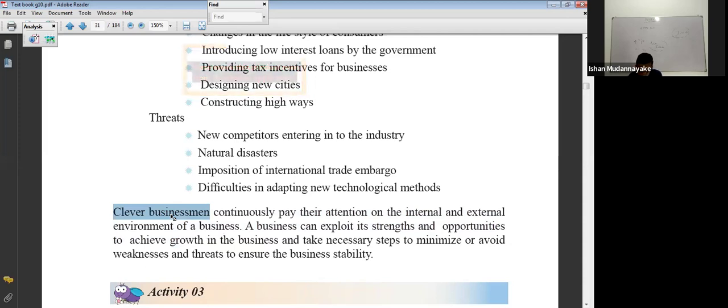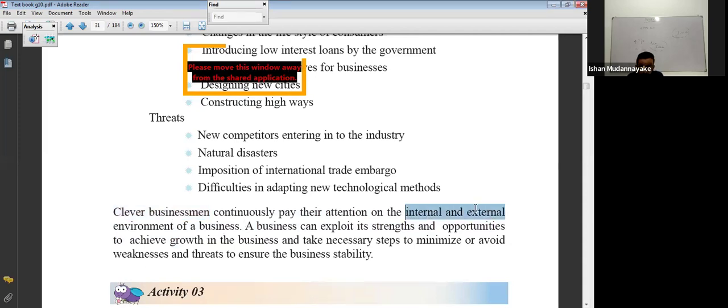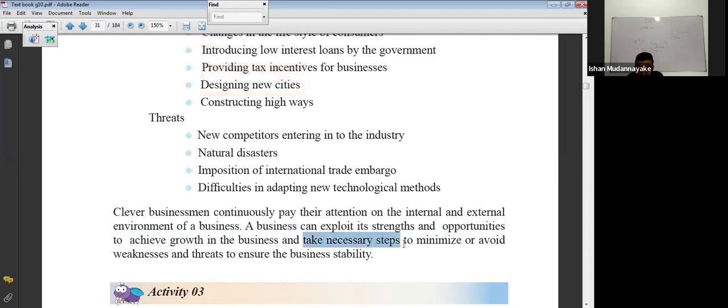A business can exploit its strengths and opportunities to achieve growth and take necessary steps to minimize or avoid weaknesses and threats to ensure business stability. Continuous attention is needed.